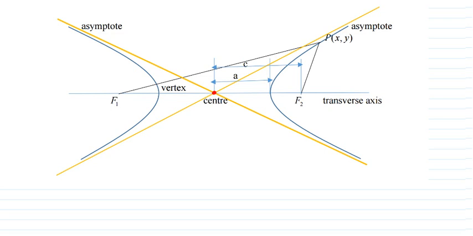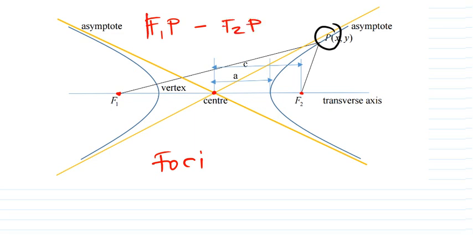hyperbola is. We said this is where you look at the distance from the two points that we collectively call the foci. If you try to subtract, or find the difference between, the two distances from any given point on the hyperbola, for example a point P, if you measure the distance from F1 to the point P, and then subtract the distance from the point P to F2, of course the moduli of these, find their difference, they're going to give you a constant, right?